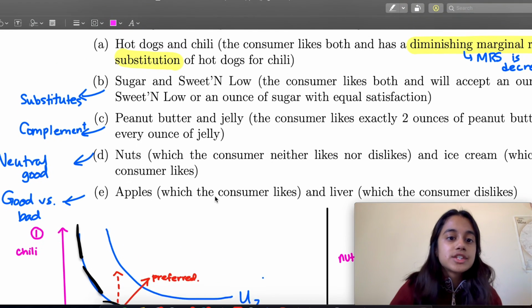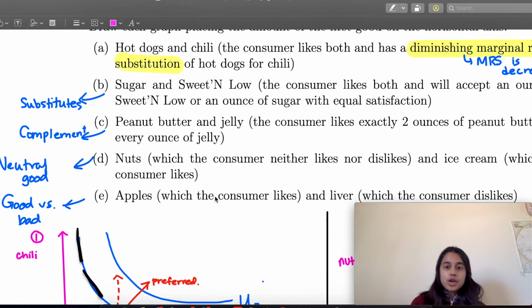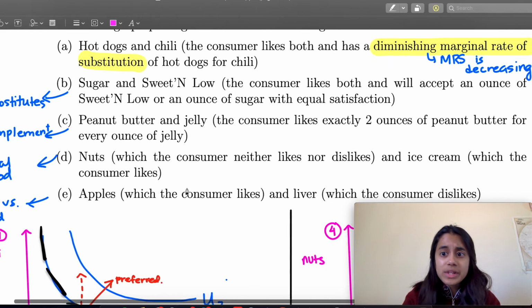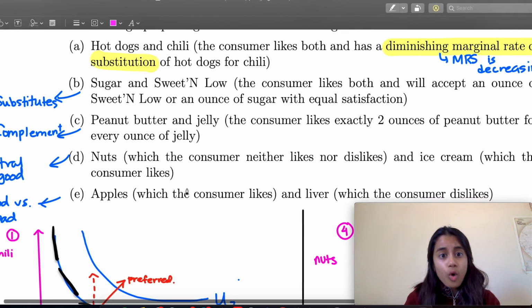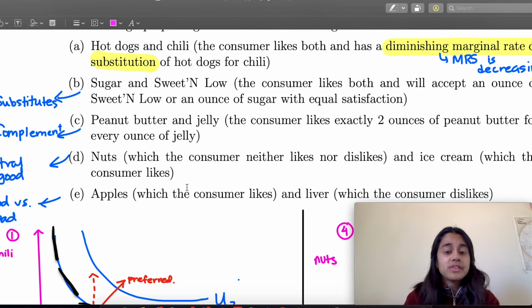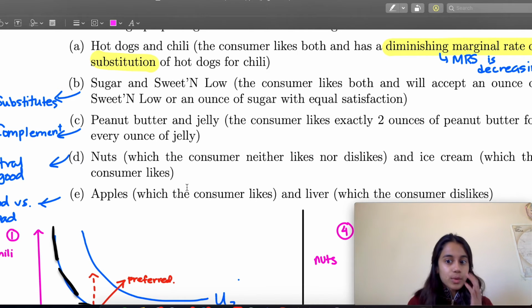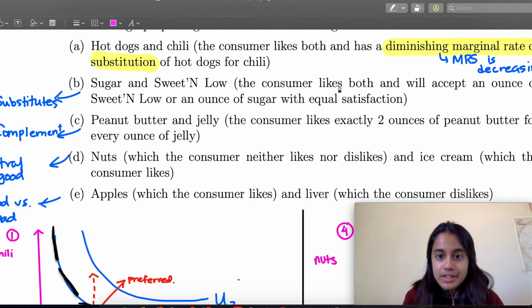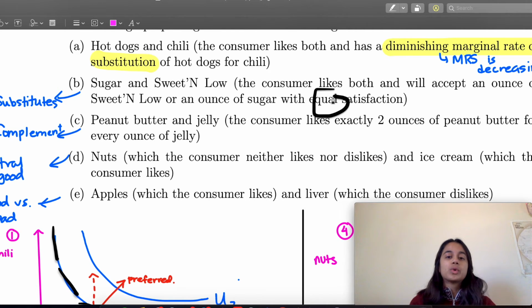Okay, so part B. Sugar and Sweet'N Low, right? The consumer likes both, and will accept an ounce of Sweet'N Low or an ounce of sugar with equal satisfaction. When you're approaching these problems, you should highlight those keywords that really differentiate between one graph and the other.